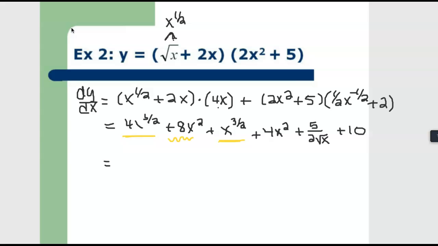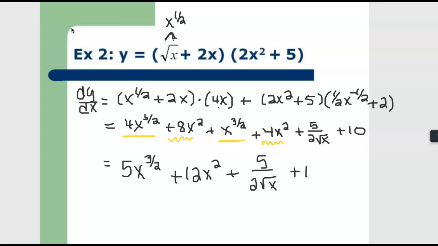You have 8x squared, which is a like term to 4x squared. So 4 plus 1 is 5x to the 3/2. 8 plus 4 is 12x squared. And then plus 5/2 square roots of x plus 10.